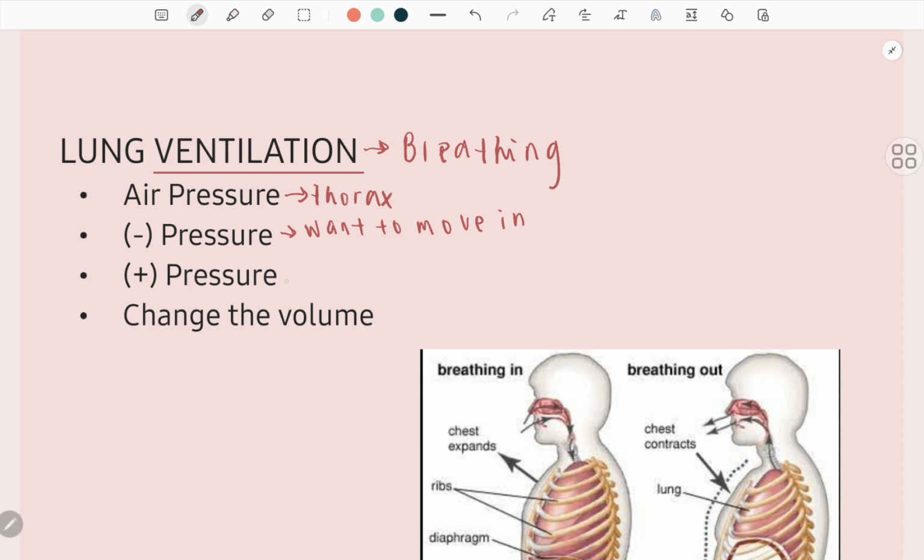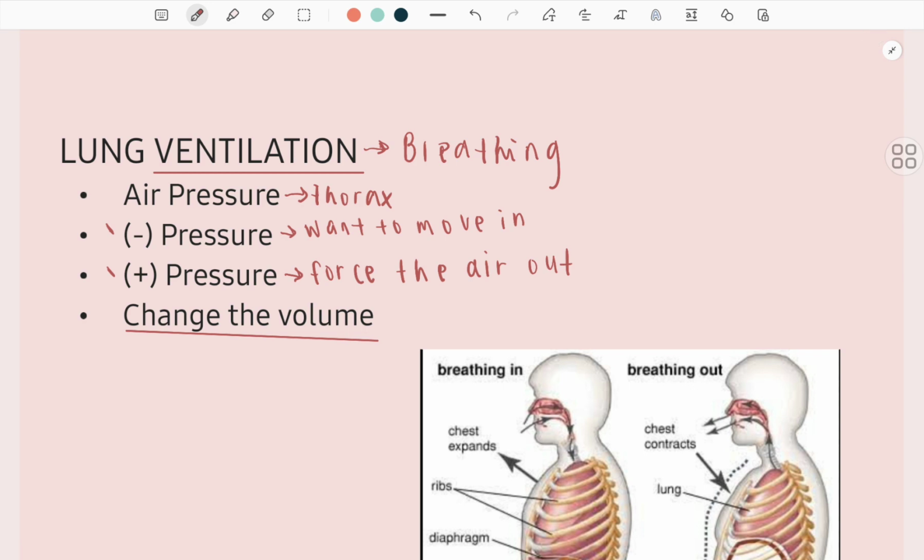And if you increase the pressure, it will force the air out automatically. So how do we change the pressure? We just have to change the volume. When we change the volume in our thorax, it will either decrease or increase the pressure.